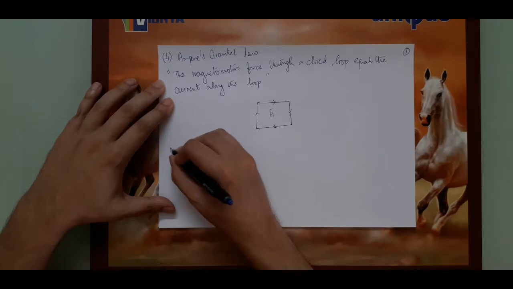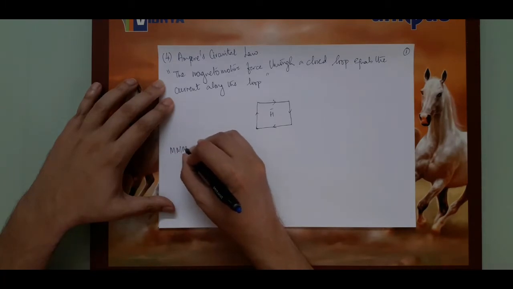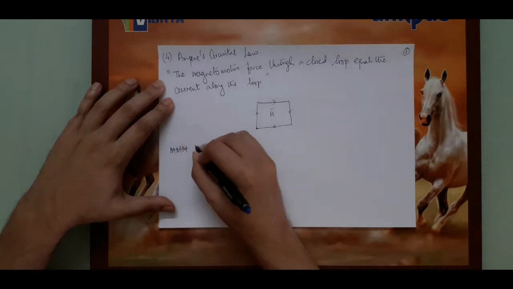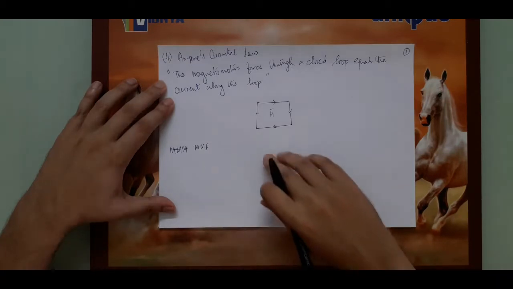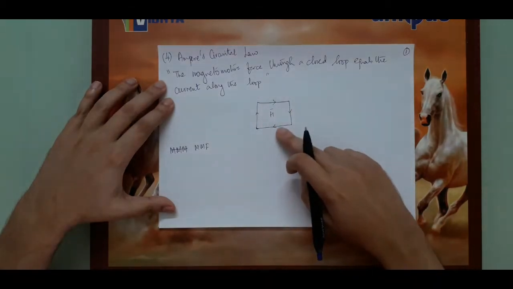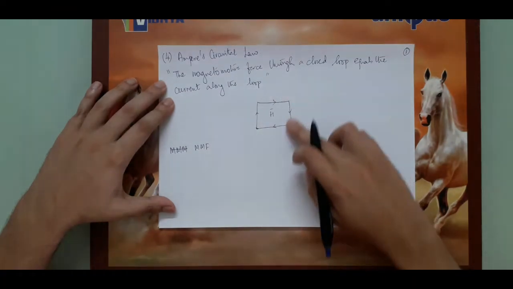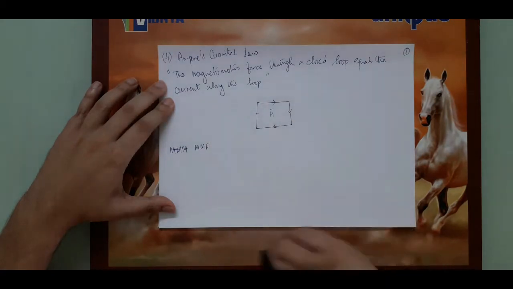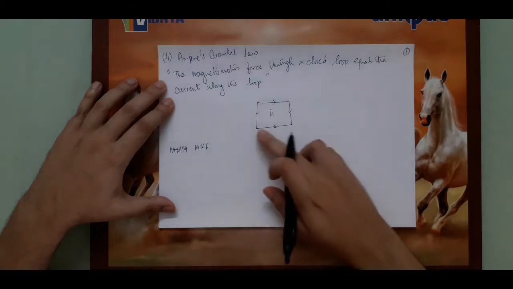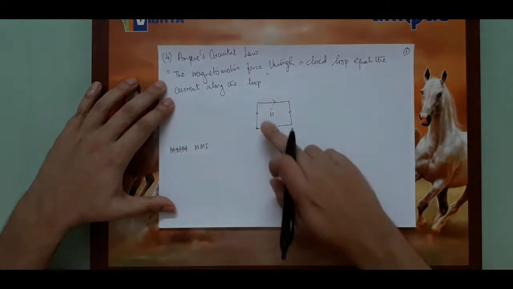So the magnetomotive force, or MMF, just like how the electromotive force or potential is nothing but the electric field, or rather the kind of work done by the electric field along the length of the conductor, MMF is nothing but the work done by the magnetic field along the length.